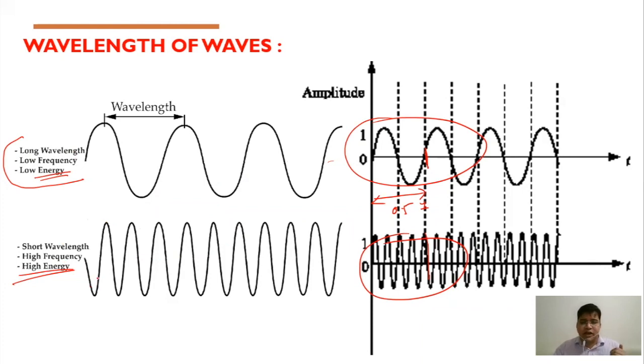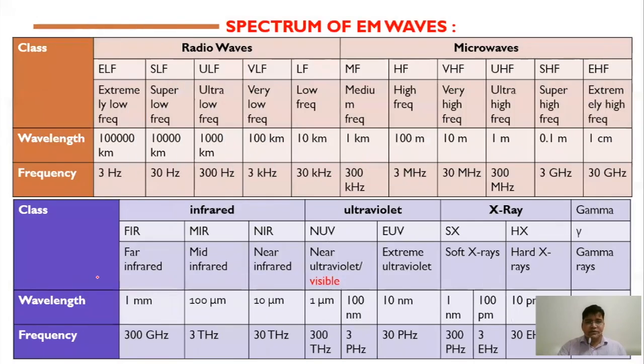I started this lecture by showing you the strength of mm waves. The electric and magnetic fields combined carry some strength within themselves. This is the spectrum, and we will also discuss it in detail in the second part of this lecture.